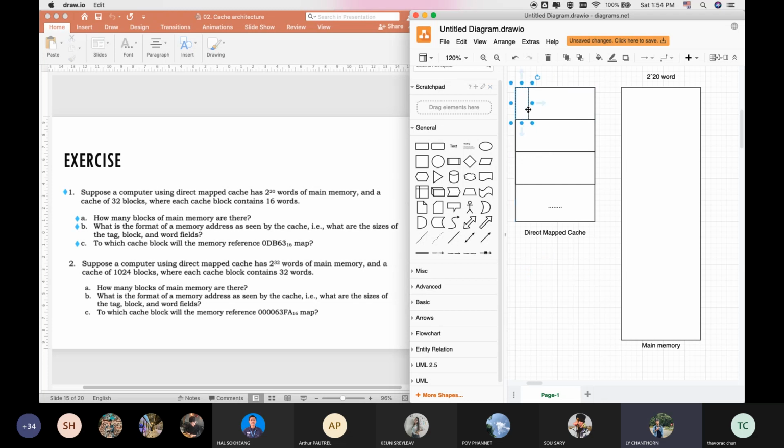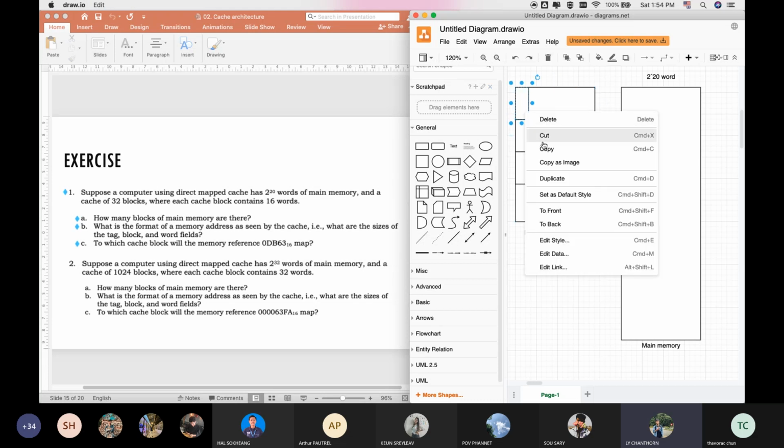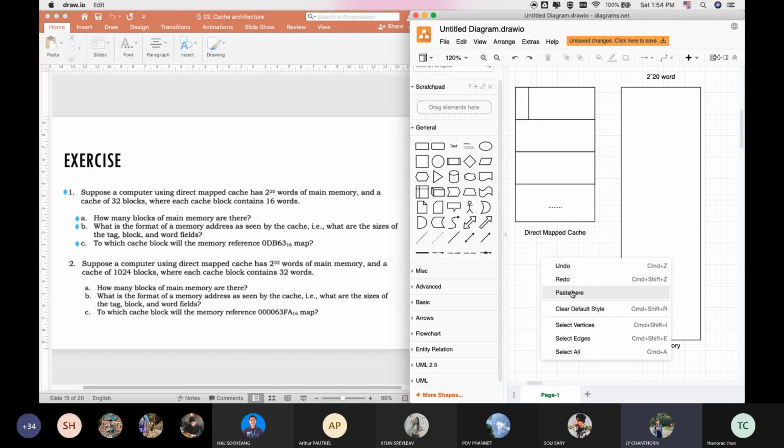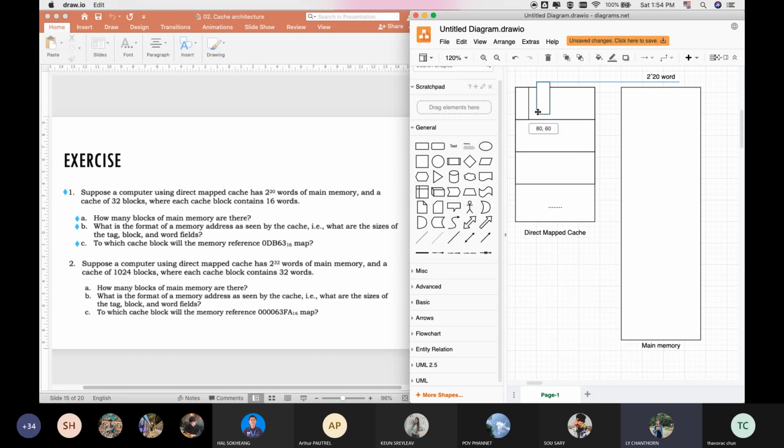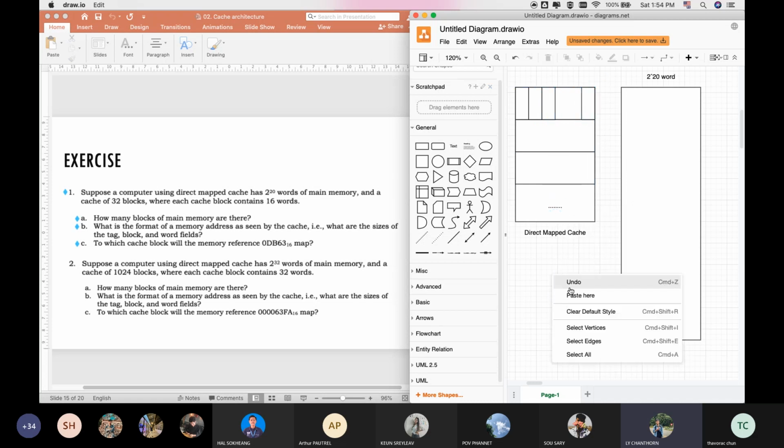Like this. This refers to one word. So this is another word. And this is another word. And many more. But in total, you have 16 words here.